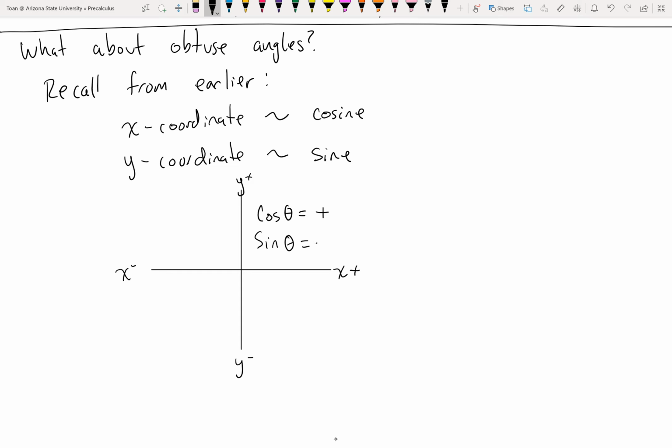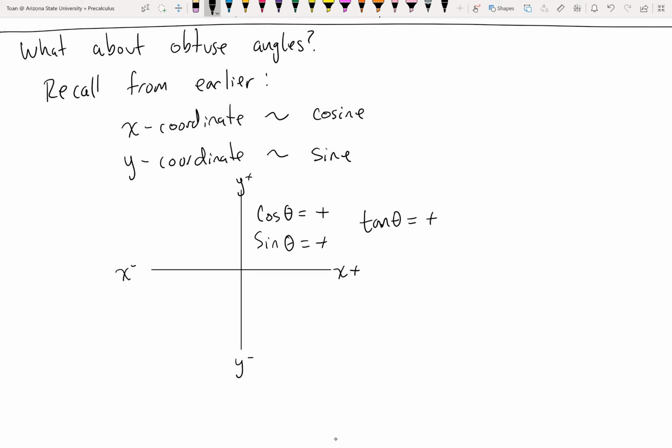Sine is also positive, because again, in the first quadrant, y is positive. And knowing that tangent is the ratio of the two, if I divide positive by positive, I know that tangent is also positive. Well, we can finish this chart in the other quadrants, right?